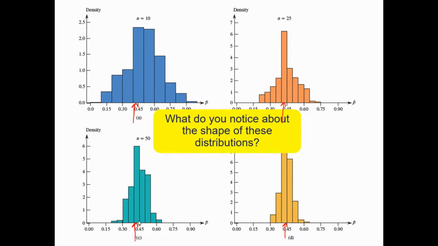They're all approximately normal. Good. So this is what happens when we have an approximately normal distribution to begin with.